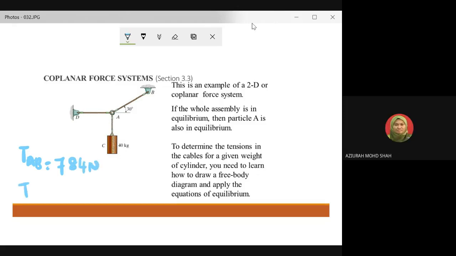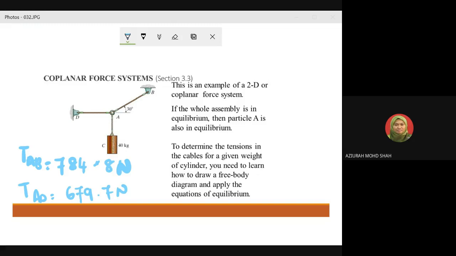TAD, 679.7 Newton. Okay, this value that we did last class is obtained by using rectangular component.